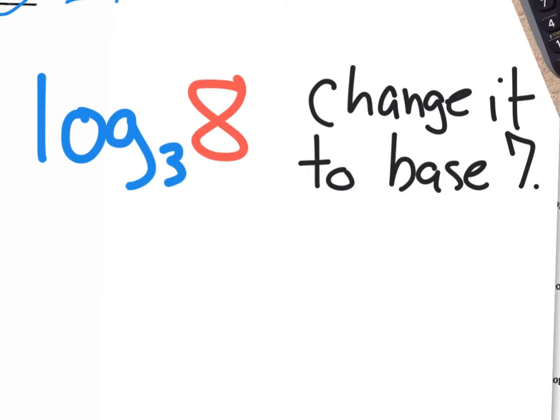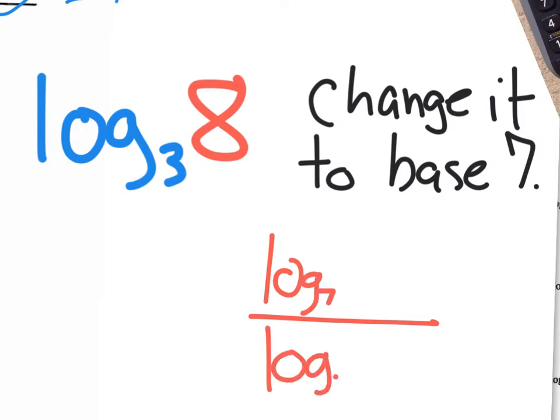In order for you to change it to base 7, you need the change of base formula. Now, how does the change of base formula work? It says that you could change your log to be any base you want. So what base do we want? Base 7. As long as we make a fraction and put the log base 7 up on top and the same log base 7 on the bottom, and then we need to fill in the rest. Now, what's the rest?